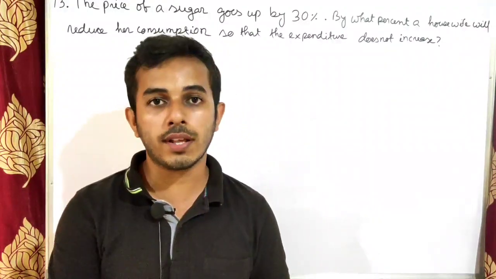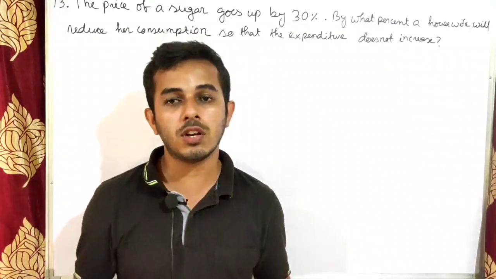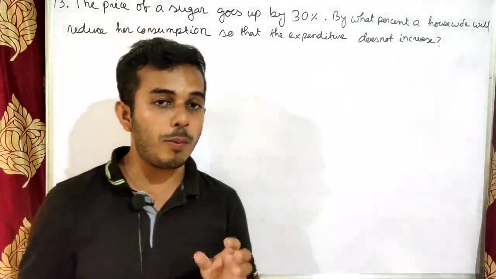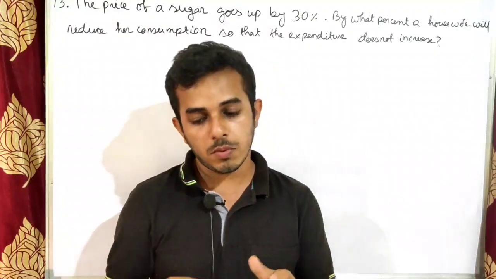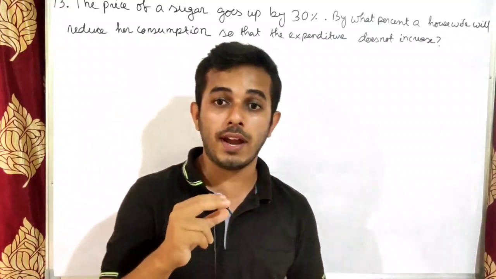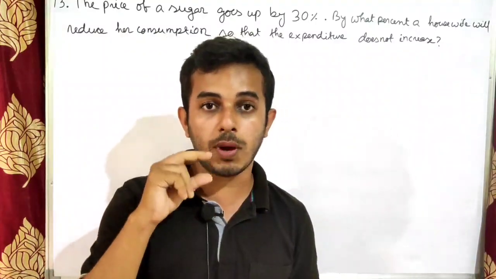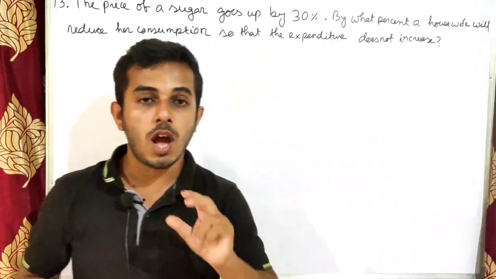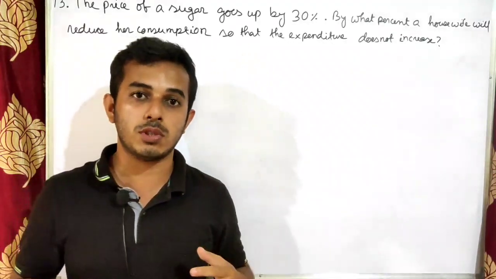Now will you get 1 kg for rupees 100? Definitely not, because its price is increased, isn't it? So how much will you get now? Definitely a bit less than 1 kg, isn't it? So we must find that amount, that is, how much is reduced in our consumption.